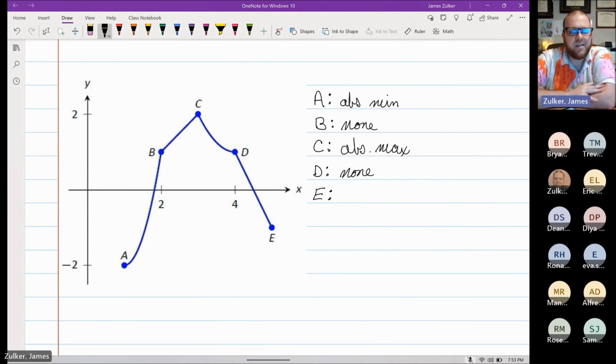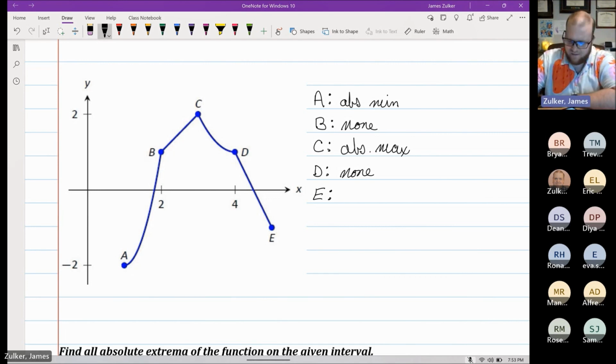Would also be none, right? And then finally, what about E? And this would be a relative min, right?